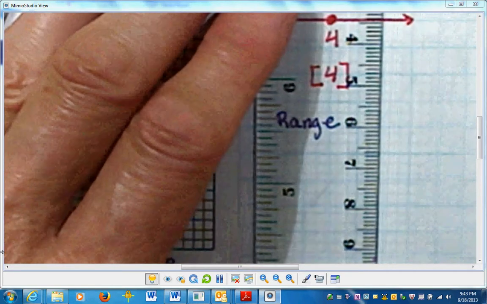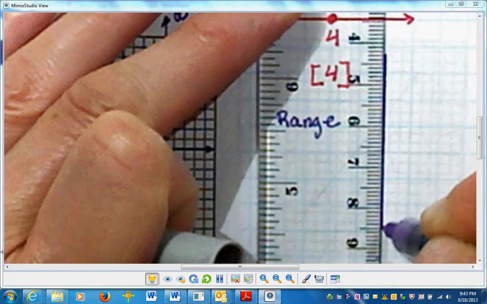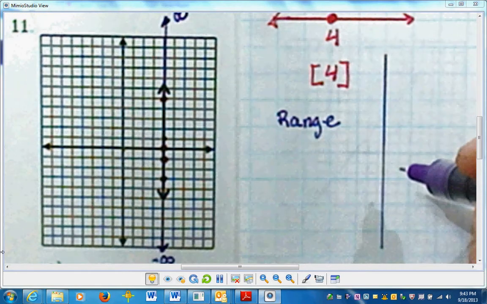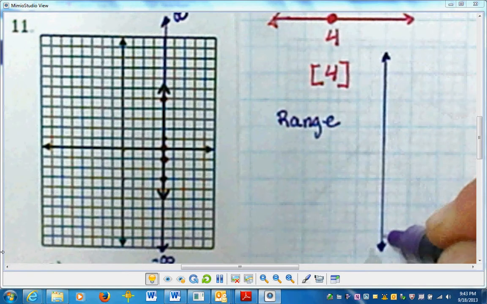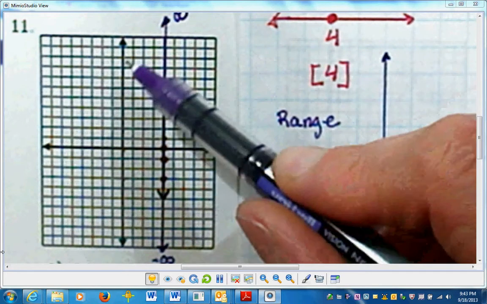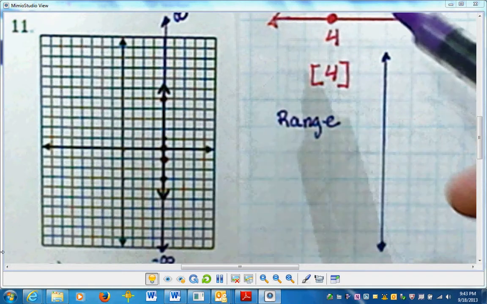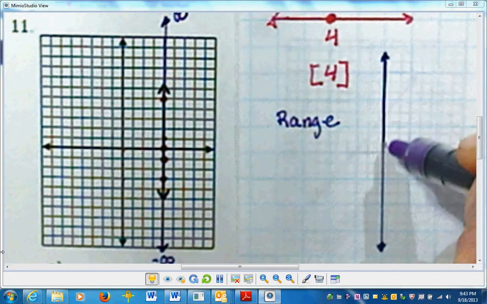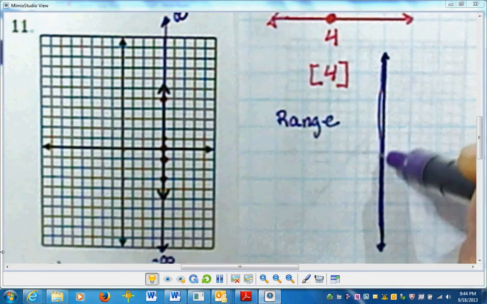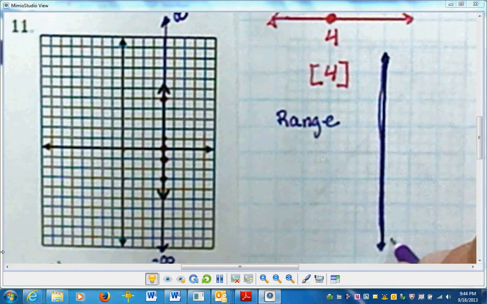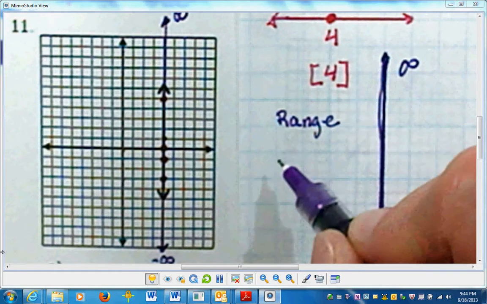So if I were to draw my vertical line that represents my y-axis, I can see that all the values corresponding here is everything. So all my values for y make up everything. So that means my y goes from negative infinity to infinity. So I'm going to write that.